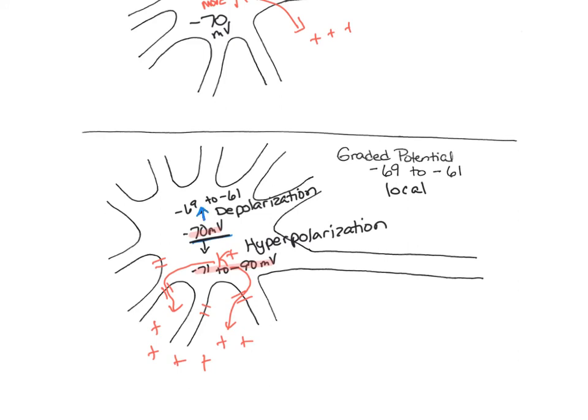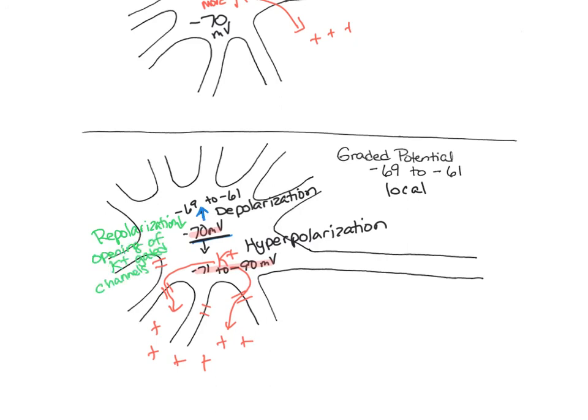In order to get back down to the resting membrane potential, there has to be a process called repolarization. Repolarization is the process of restoring the normal resting potential after depolarization has occurred. Repolarization typically involves the opening of potassium-gated channels.